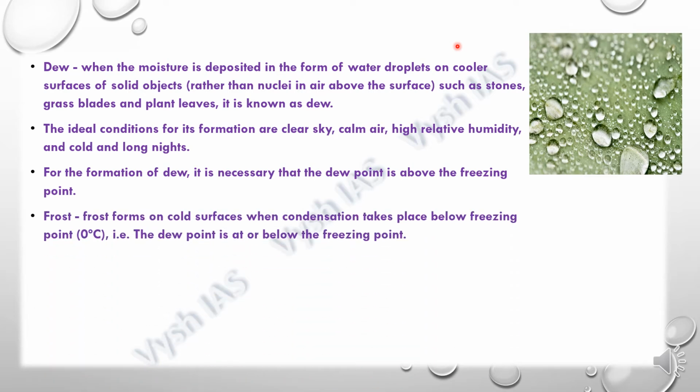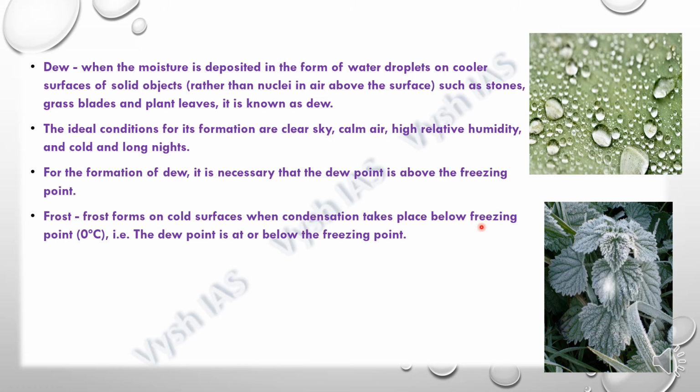Frost forms on cold surfaces when the condensation takes place below freezing point, which is 0 degrees Celsius. So the dew point is at or below the freezing point, but the frost takes place below the freezing point. As you can see over here, these green leaves have a layer of frost on them.